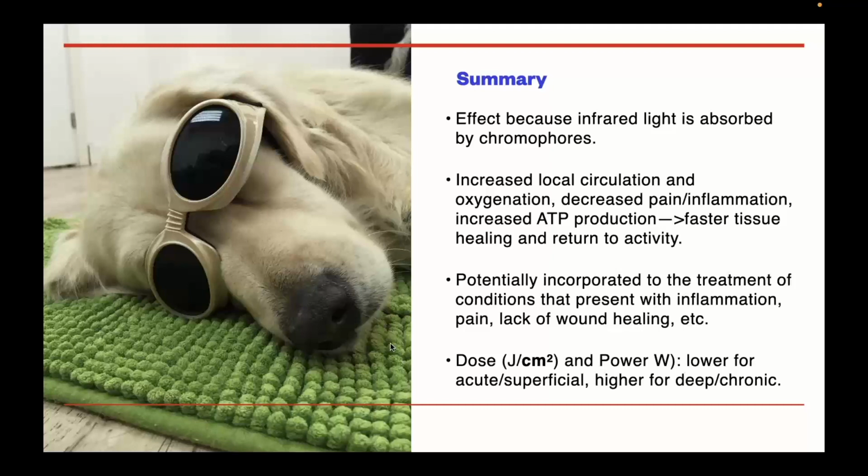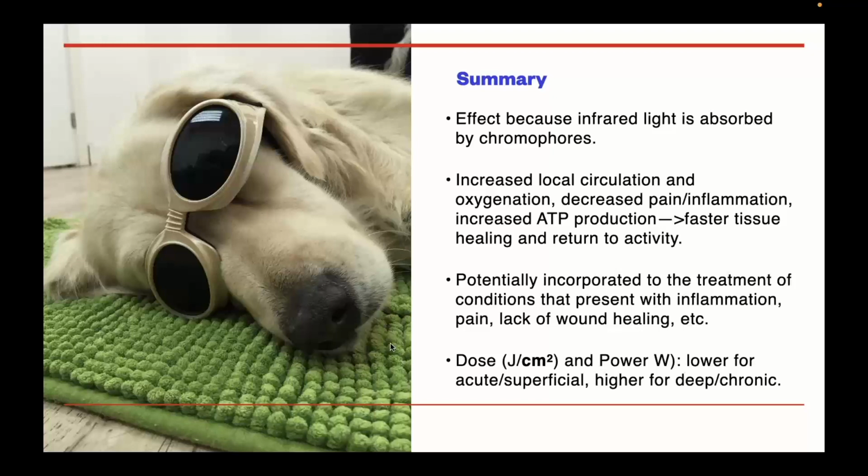Laser therapy can potentially be incorporated for the treatment of many conditions that present with inflammation, with pain, and that need tissue healing as a therapeutic target, always as long as we can reach those tissues with the right wavelength, power, and dose.